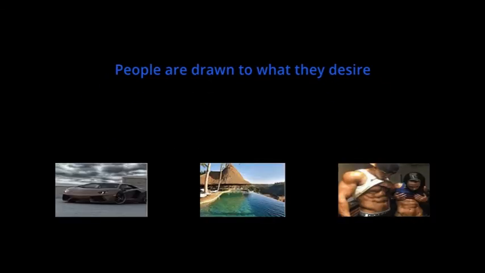And the last one, people are drawn to what they desire. Again, this is the move towards. We just discussed it when we talked about headlines. Moving away would be the fears, and moving towards is images of things they desire, and people will click to find out more about things they desire. For me personally, I would click on the middle image there because I'm like, I want to go swim in that swimming pool.